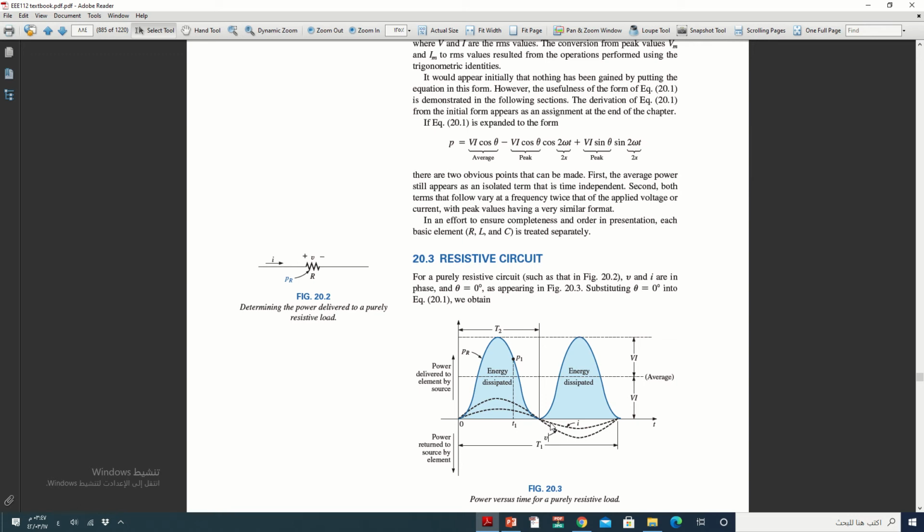Now I and V become negative. Minus by minus becomes positive. This means the energy dissipated in the resistive load is always positive.